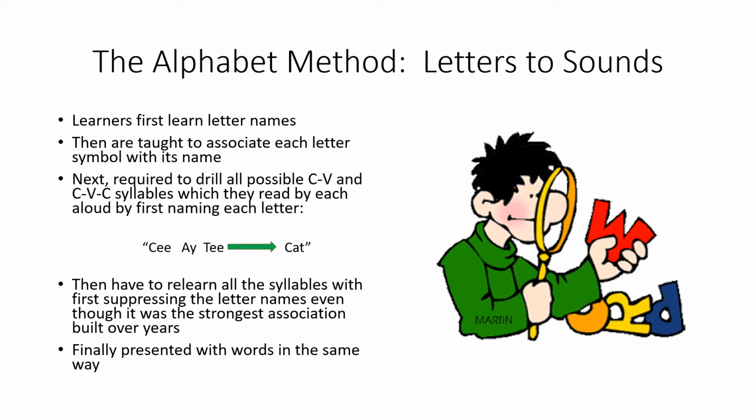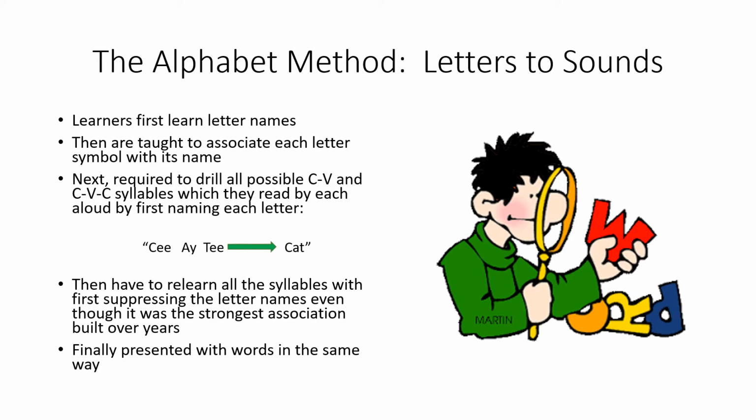And they would read these syllables aloud by saying the name of each letter and then saying the word. So they would say C, A, T, cat. Every single consonant, vowel, consonant syllable was drilled that way. This took a couple of years to master all of this.